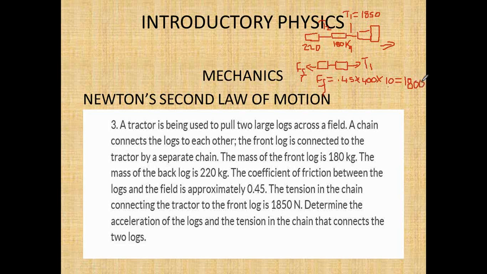You're pulling the logs on a rough surface. So the tension going forward is 1850. The frictional force going to the left is 1800. So the net force, which is the tension minus the frictional force, and because the log is moving to the right, the net force is to the right.